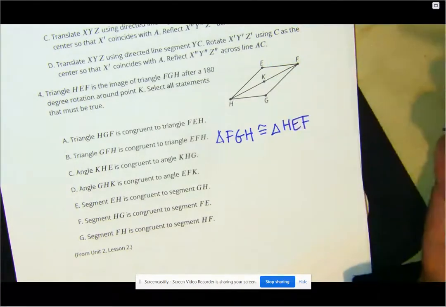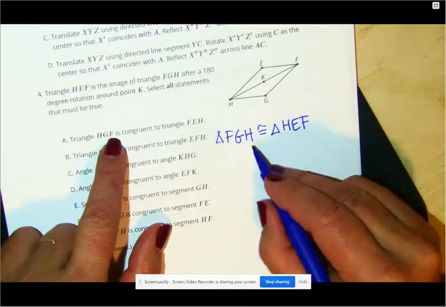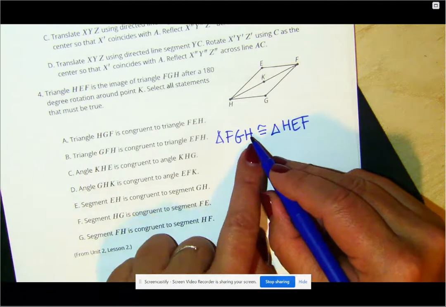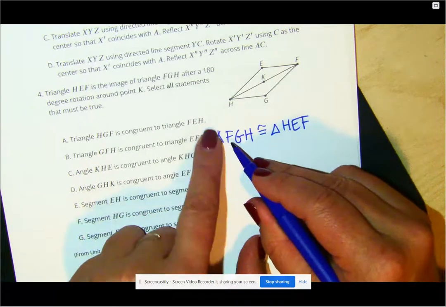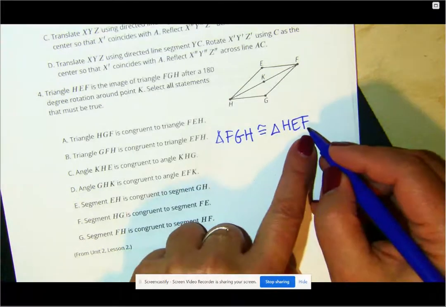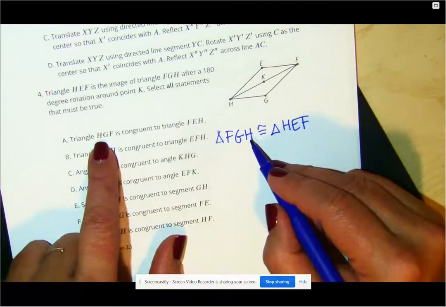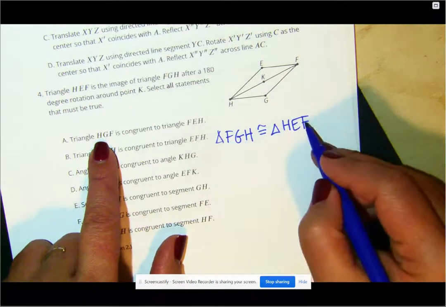So it says select all that must be true. Triangle HGF is congruent to FEH. So they go HGF, which let's look at the way I wrote it. So it goes backwards. HGF goes to FEH.